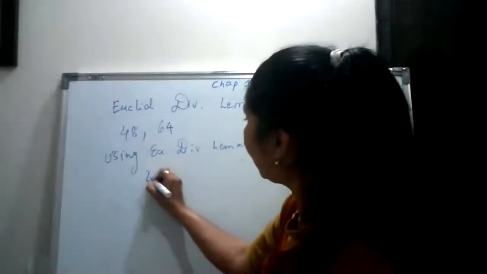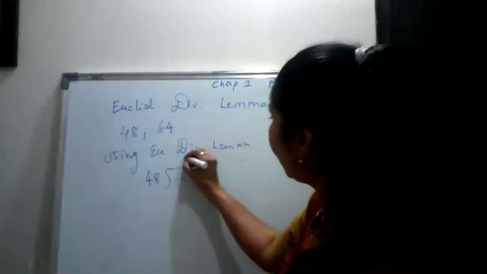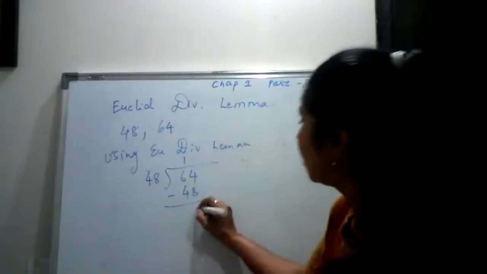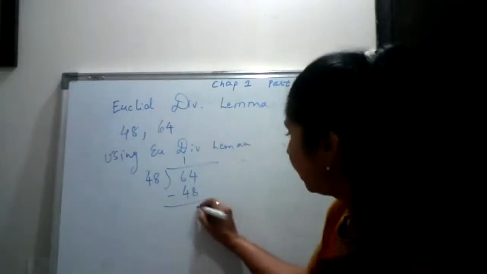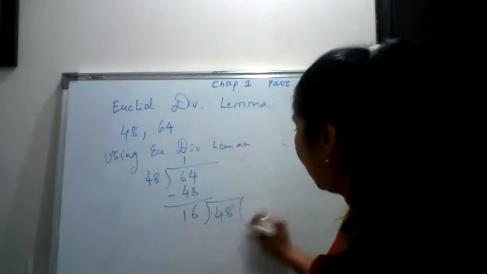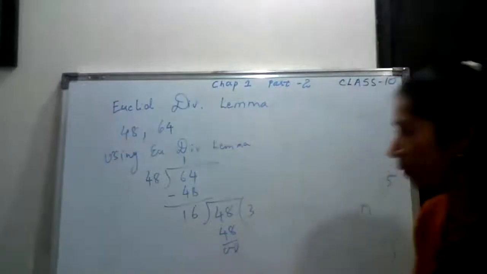Here 48 will divide the bigger number 64. So 48 ones are 48, and 64 minus 48 gives a remainder of 16. Then again we divide and continue.